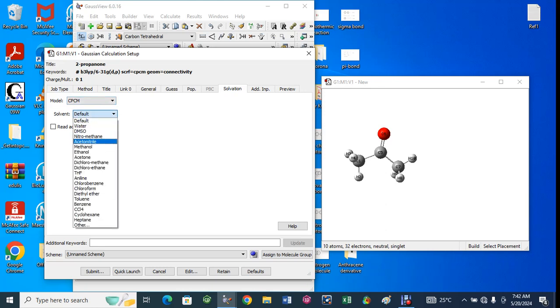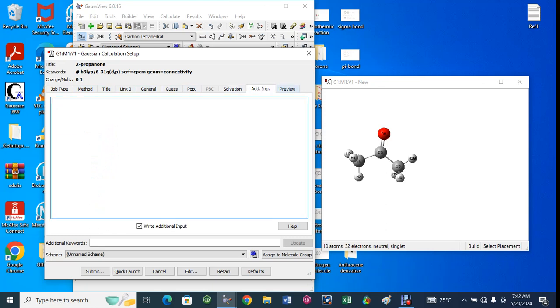Look, we have a wide range of solvents that we can use to carry out the calculations, like heptane, ether, cyclohexane, tetrachloromethane, benzene, toluene, dimethyl, and a lot more different examples of solvents. So we can choose that, then Add Input, where you can add additional keywords if you want. Then Preview.